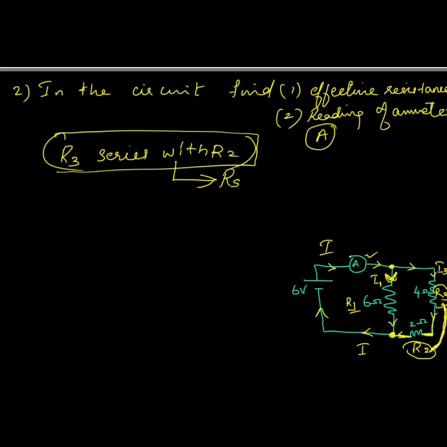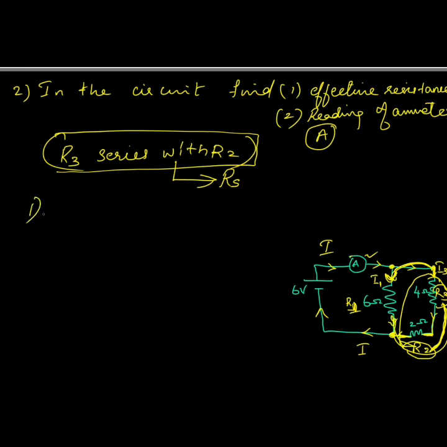Since they are in series, let the total resistance be RS. So this RS will be in parallel with R1. You can see that these two are in series, and that is in parallel with whom? This 6 ohm resistance.